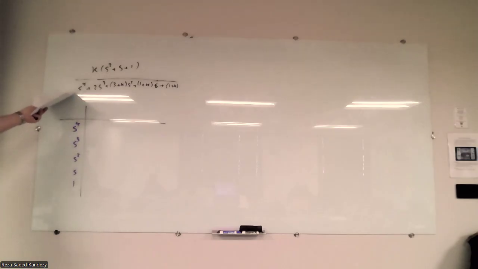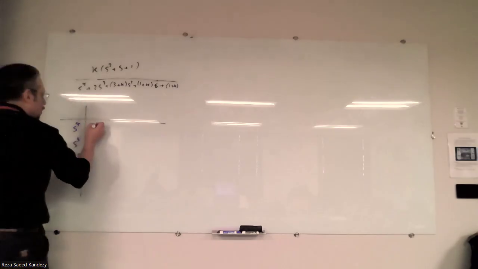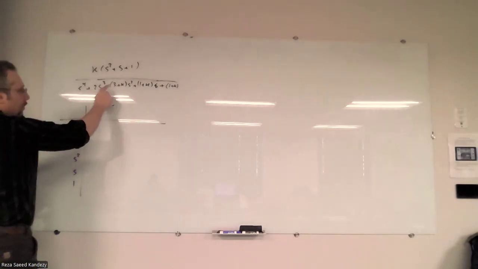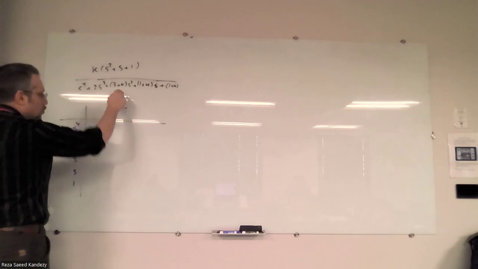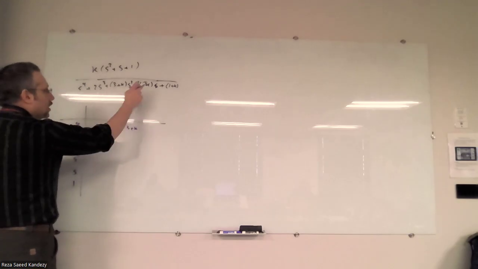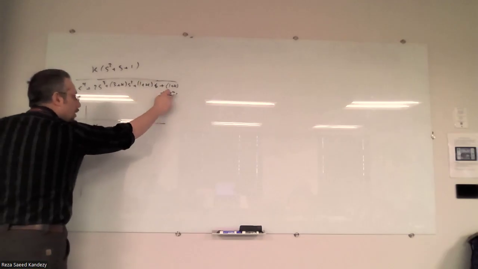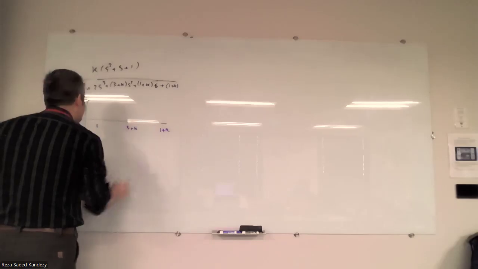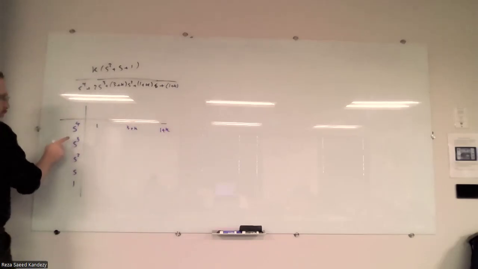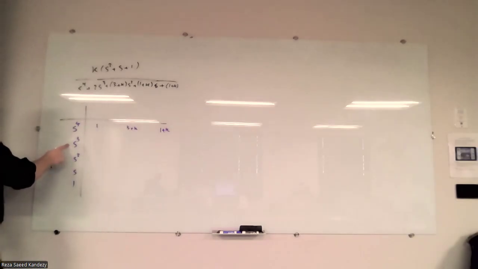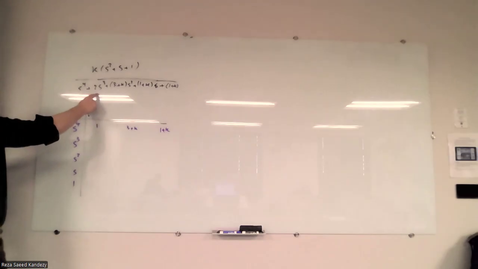Okay, now we learned if we want to develop the row for S4, we are gonna start with the coefficients of S4, which is gonna be 1. We are gonna skip one term and write the next one, which is 3 plus K. Again, we are gonna skip one and land on the last one, which is 1 plus K. Now, for the next row, again, we are gonna use the coefficients of the S3 for the first column.